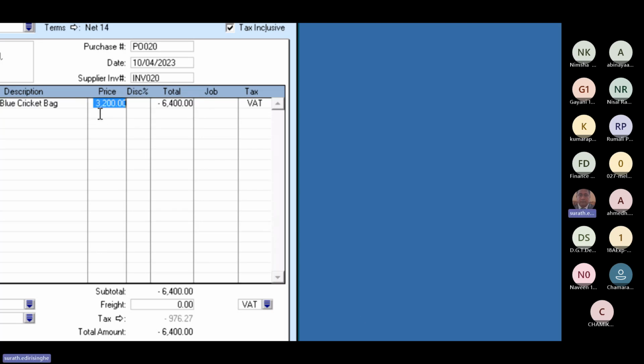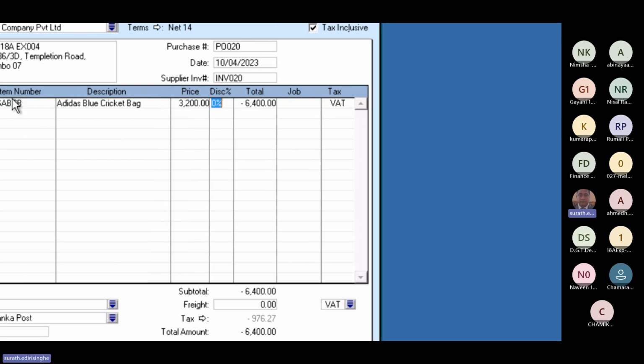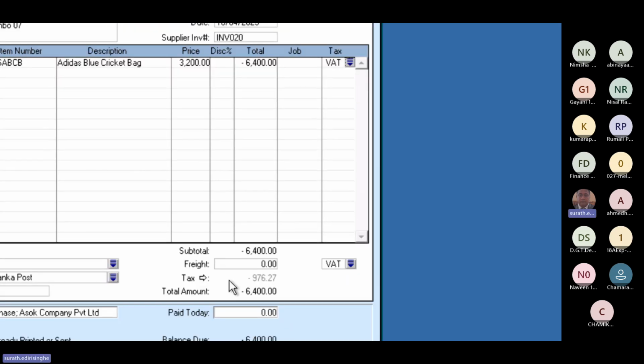Original unit price 3,200. We can't change it, because the supplier sent 3,200. We can't change the unit price to something like 4,000. Then total deduction on return is 6,400. Look at here, the VAT also returns.